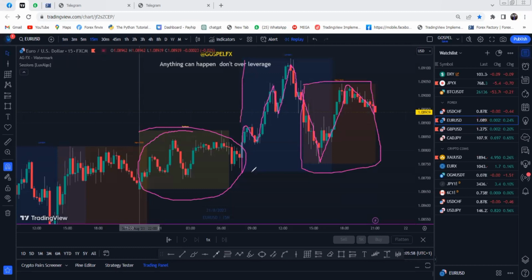Now, this is the overlap between the London session and the New York session, as I mentioned, within 2 p.m. to 5 p.m. Because if you follow, you should see here that we have 17:00, which is 5 o'clock, and then we have 14 here, which is 2 o'clock.